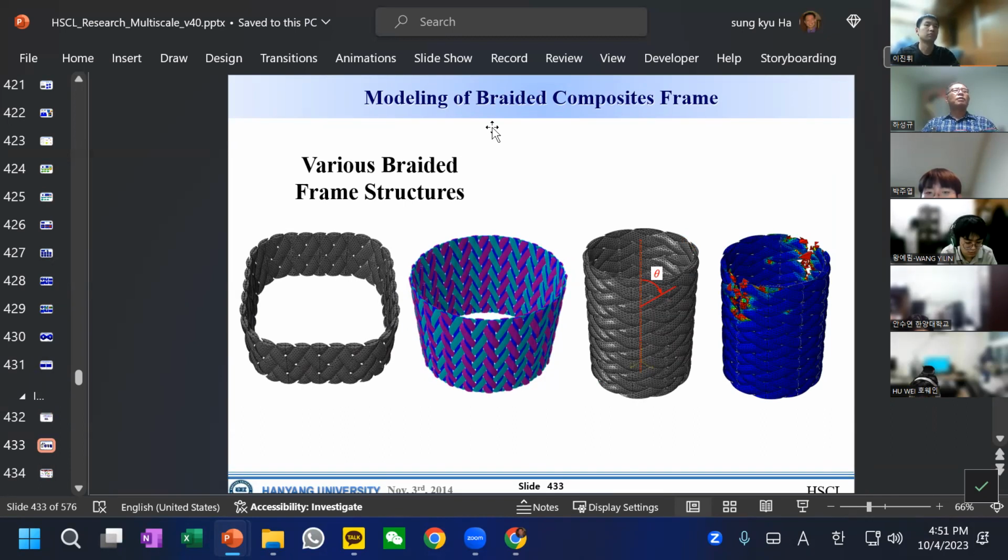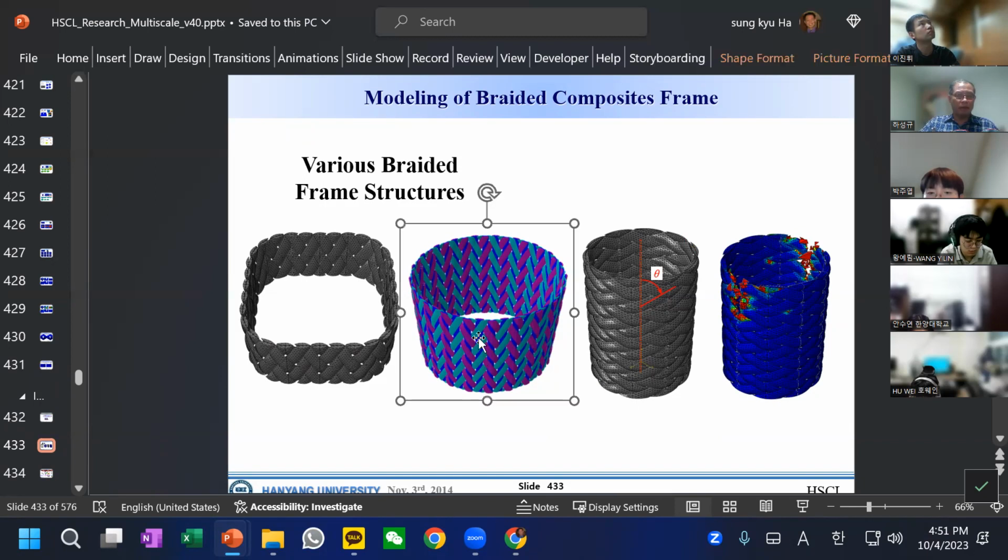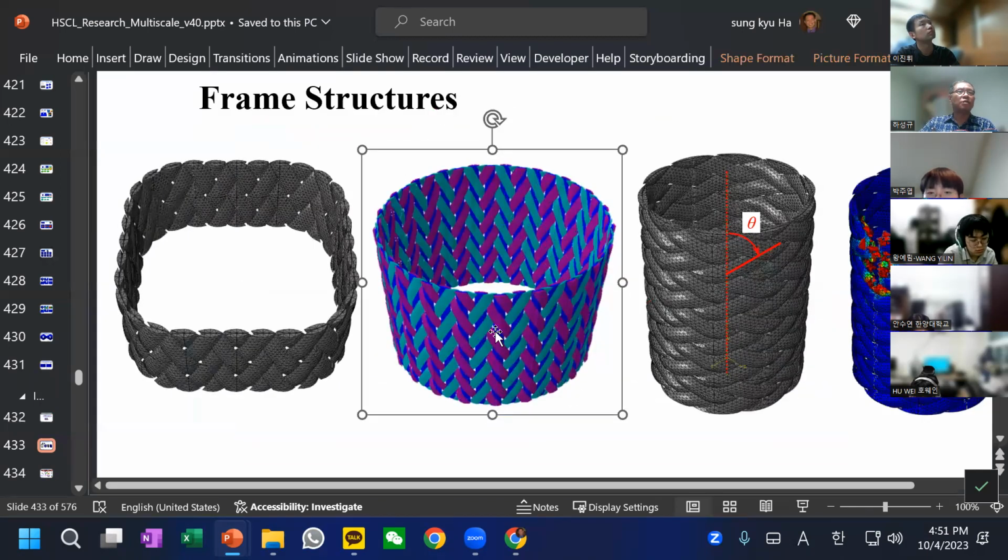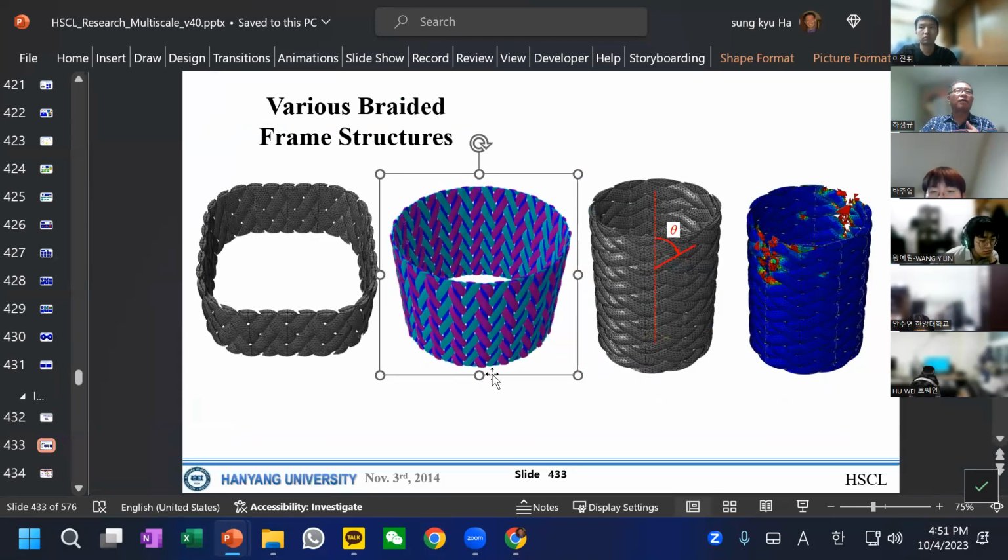Braiding is known as very strong for impact. And you can see how we model the braiding, where each one represents one tow. So you as a programmer or designer can generate these kinds of patterns.